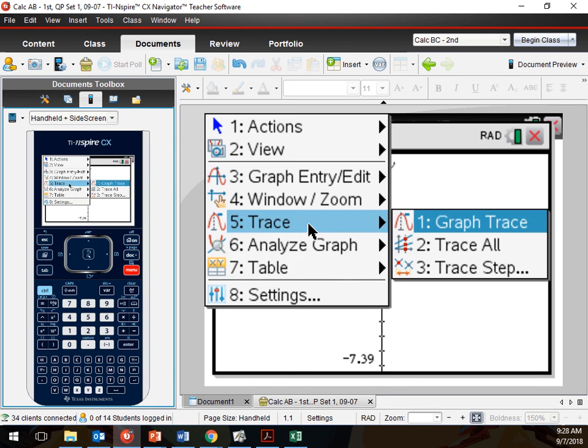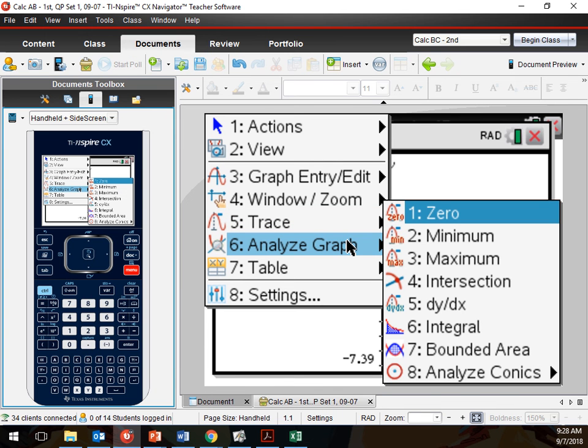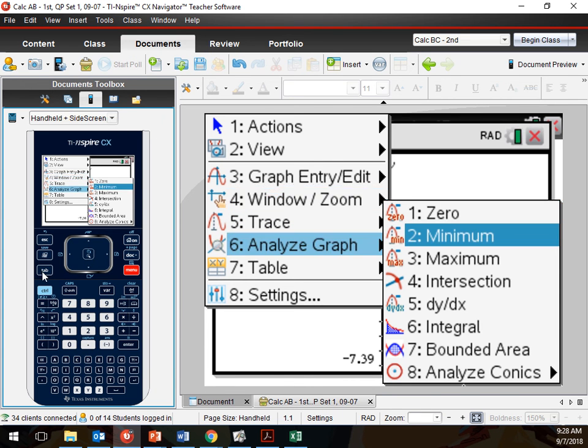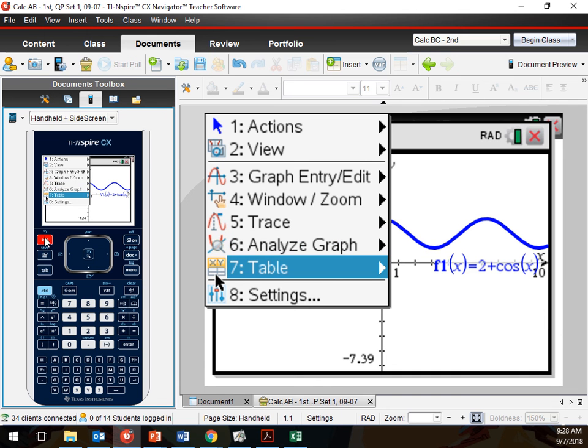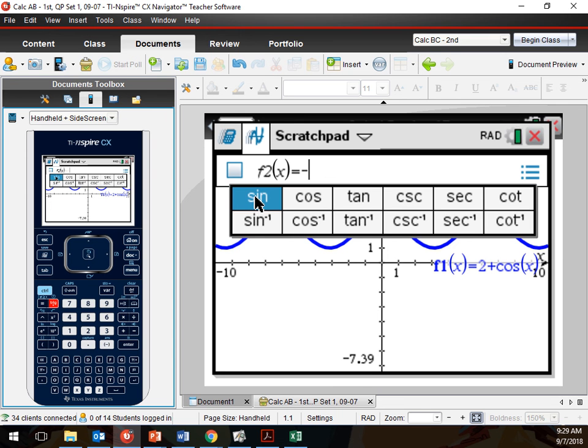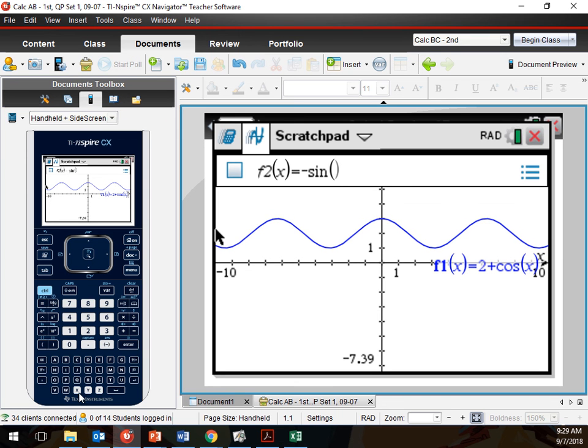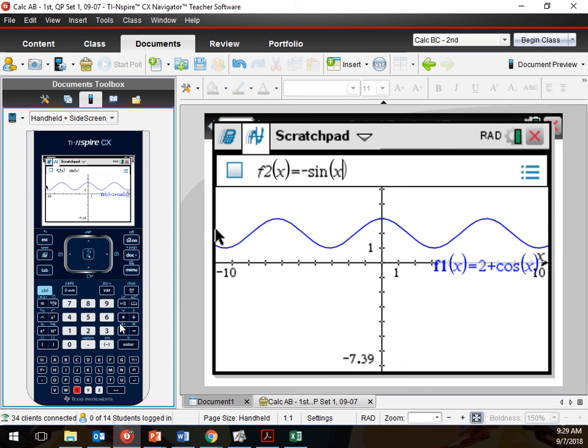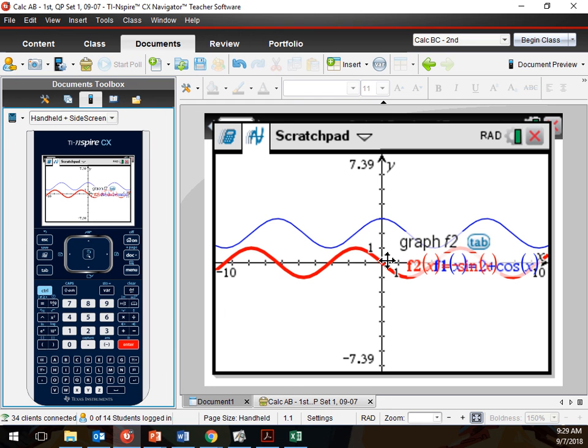Pull this up. Analyze graph. Okay, so it is negative sine of x right there. So with absolute value, it's actually going to be all the way at 2.